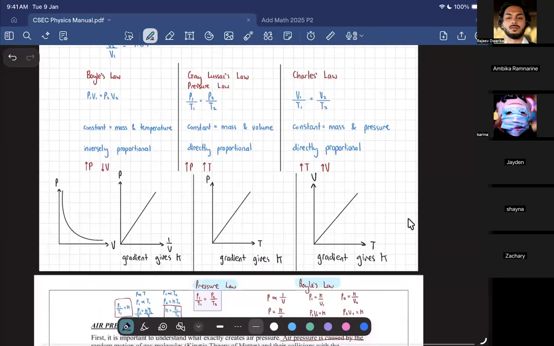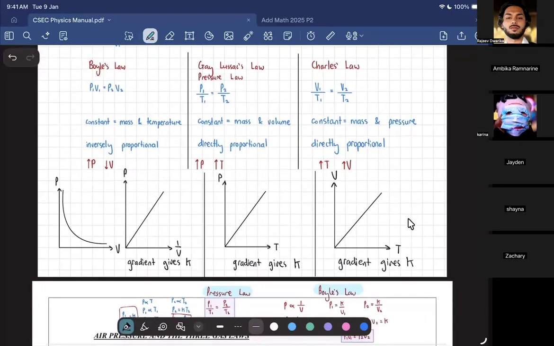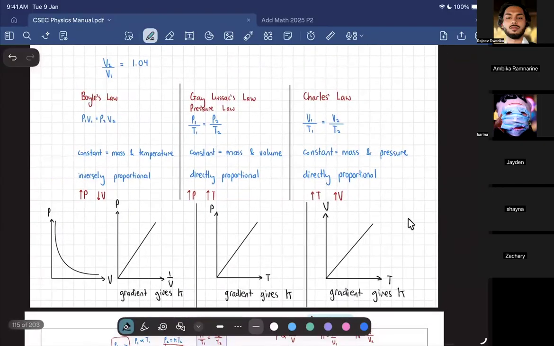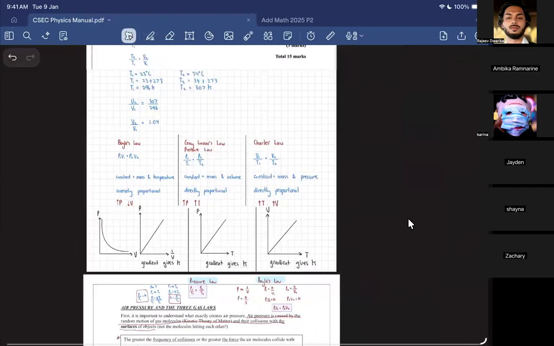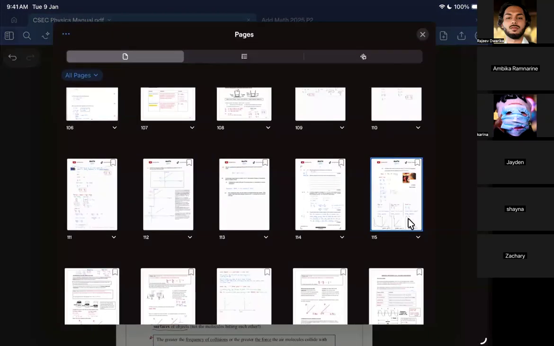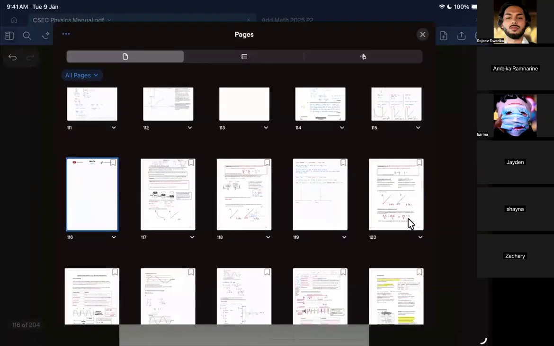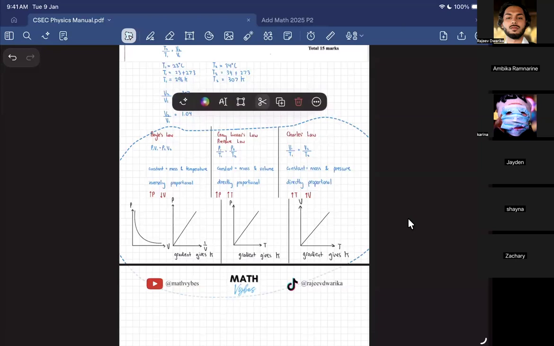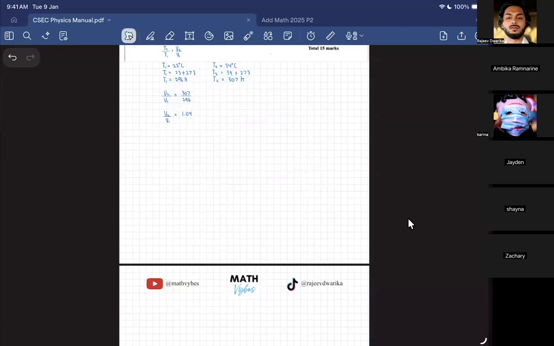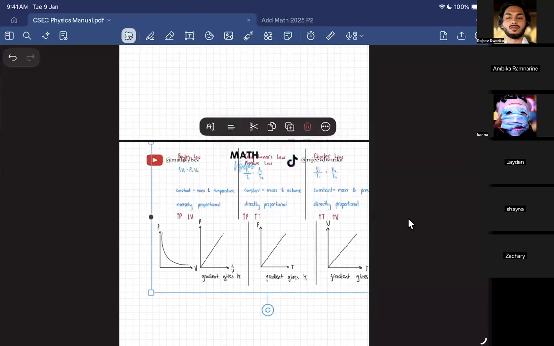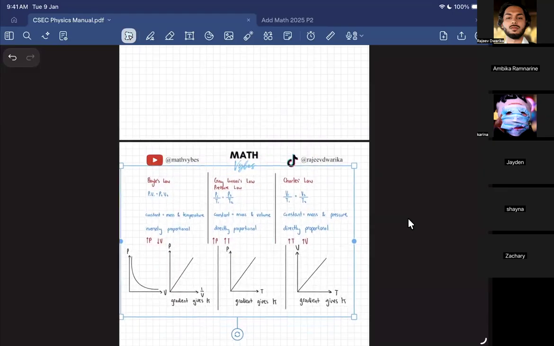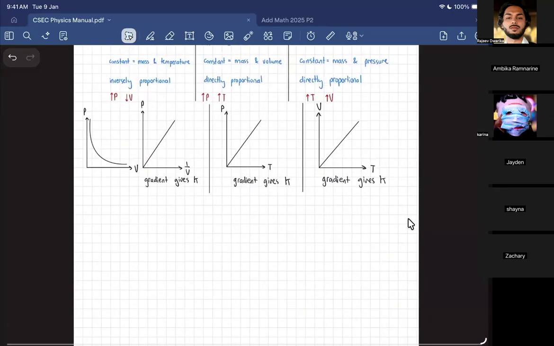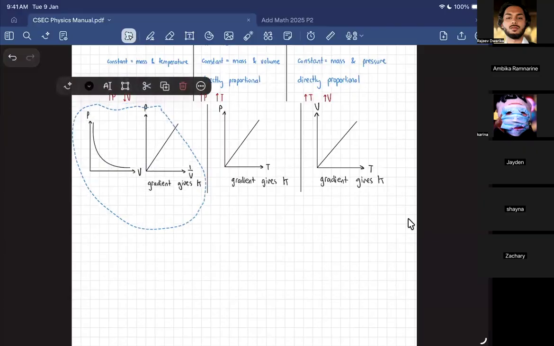Nice. So you all could take a screenshot of this. This is a summary of everything that we did. And we need to write something in red. There's something very important here. Whenever you're doing these calculations, the temperature needs to be in what? Kelvin. Otherwise you're not going to get a correct answer. Please remember that.